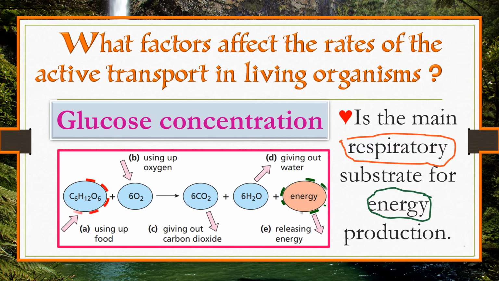But if we have less glucose concentration, then the amount of energy we are going to get is going to be less. And if you have less energy, then the rate of active transport in living organisms is going to be affected.